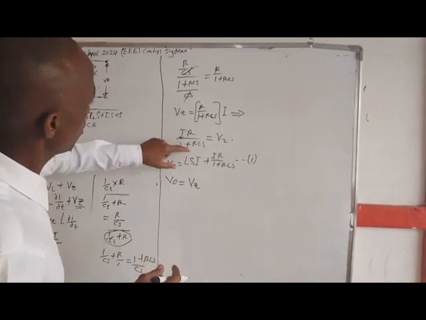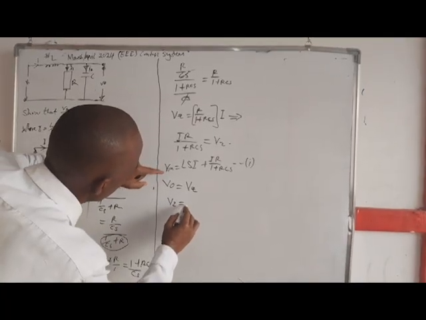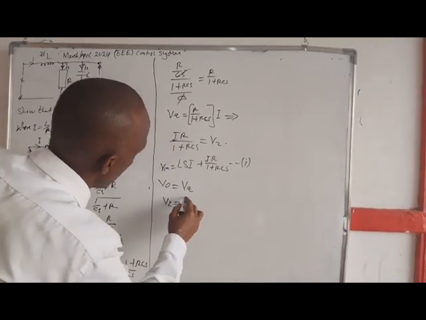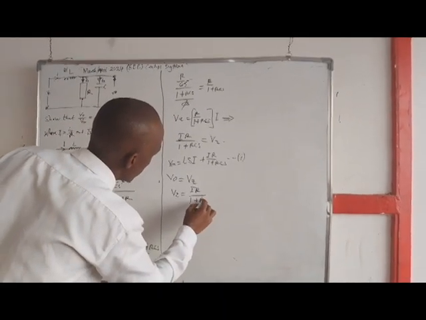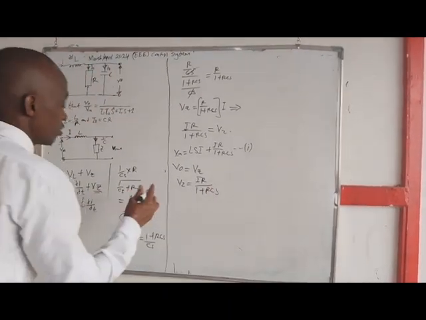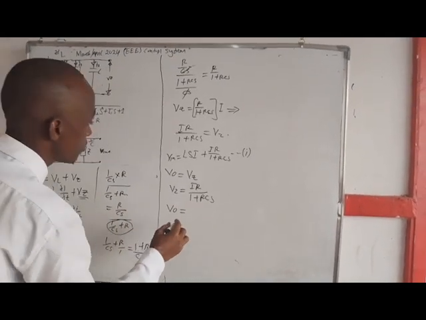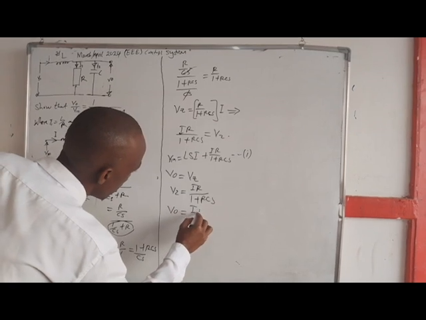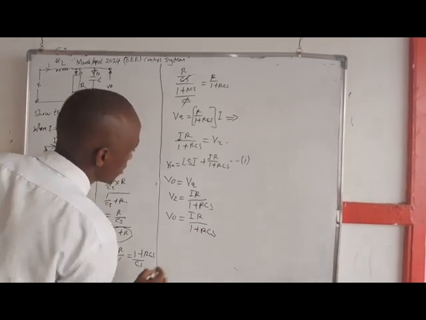VZ is equal to I R divided by 1 plus RCs. So our VO is equal to I R divided by 1 plus RCs.